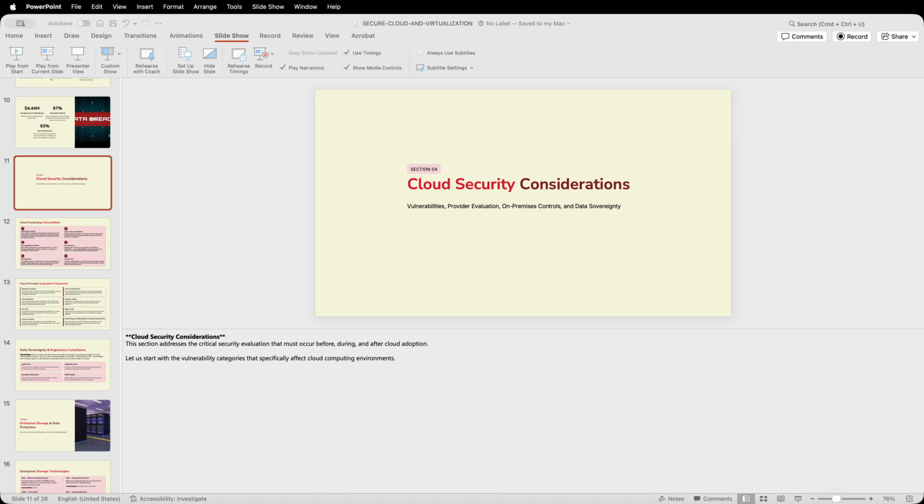Now, given these vulnerabilities, organizations must conduct thorough due diligence before entrusting critical assets to a cloud provider. Let's take a look at the evaluation framework here. The first one, we have regulatory compliance. Does data fall under ISO 27002, ITIL, COBIT, HIPAA, and others? Other industry-specific requirements?